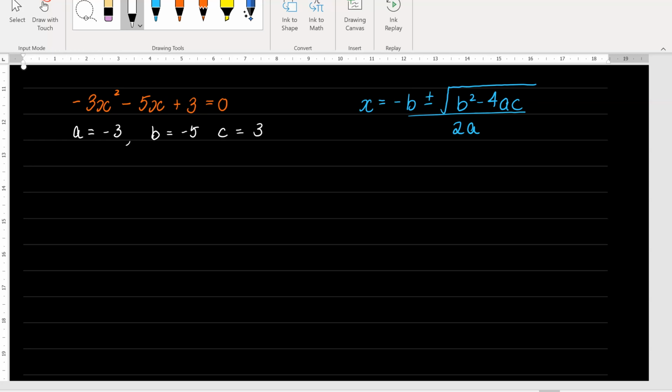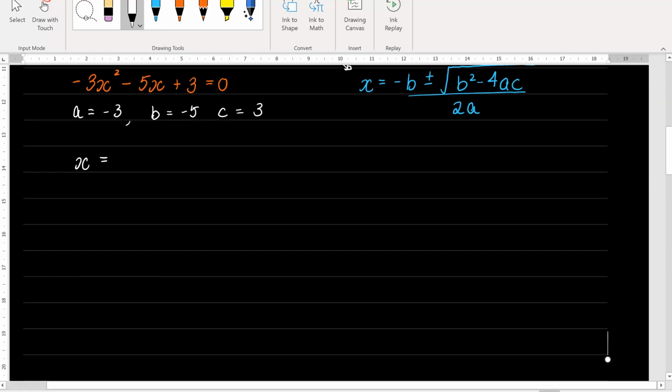So I've written the formula over here again. You should have that somewhere nice on your formula page. Put a box around it. And we're copying now. So we go x equals what? Minus b, so minus minus 5. So once again, that becomes positive 5. Plus or minus, I put plus or minus, square root.